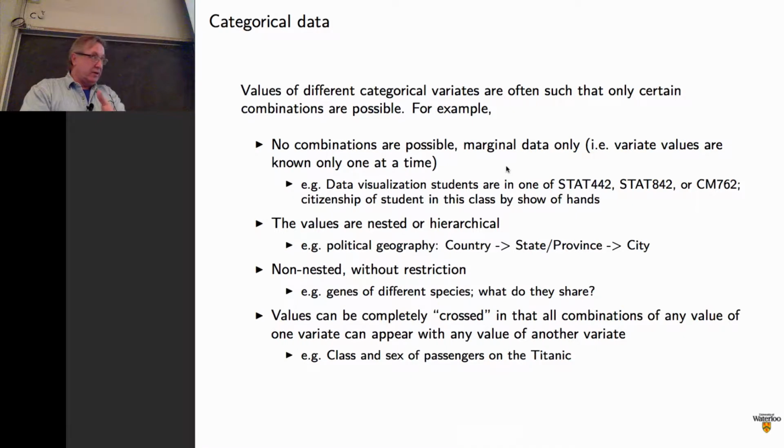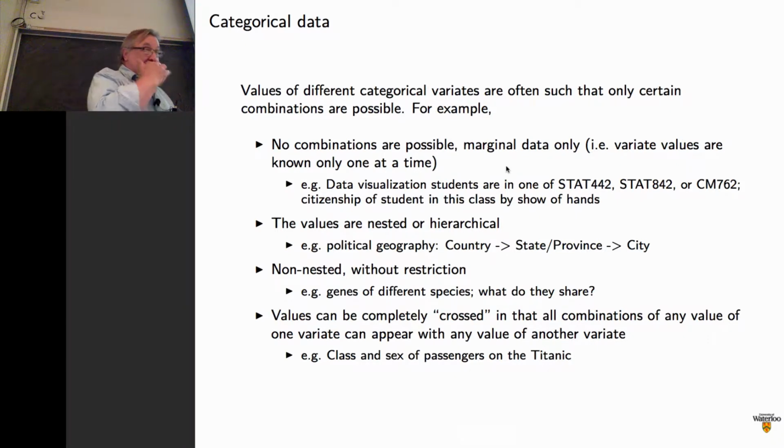What city, village, etc.? The variate is then what state, province, and it can only take so many values, and the values it can take are constrained by which country you're in. So there's this natural hierarchy. Sometimes the data is completely nested in that way, with hierarchical arrangements of the variate values.